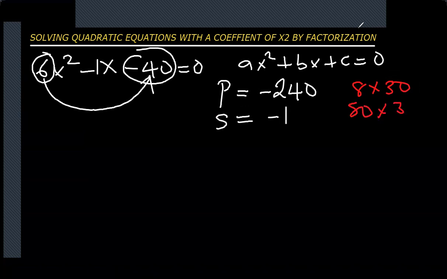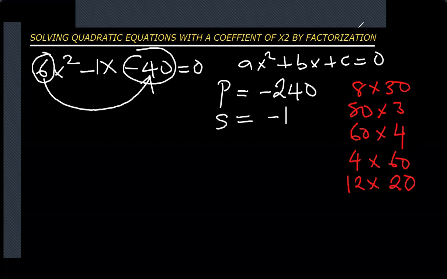Or 60 times 4, that's 240, or 4 times 60. We could also have 12 times 20, that's 240.